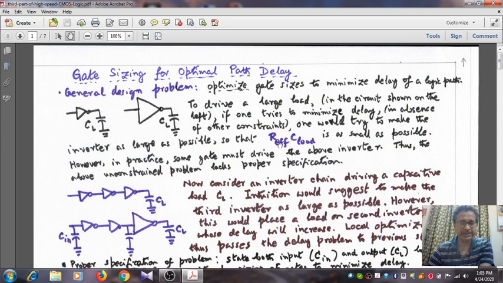So what is the effective resistance? If you are considering the NMOS transistor, it is R equivalent multiplied by L by W. So R equivalent equal to 12.5 kilo ohm per square, multiplied by L by W, that is channel length divided by the width of the transistor.